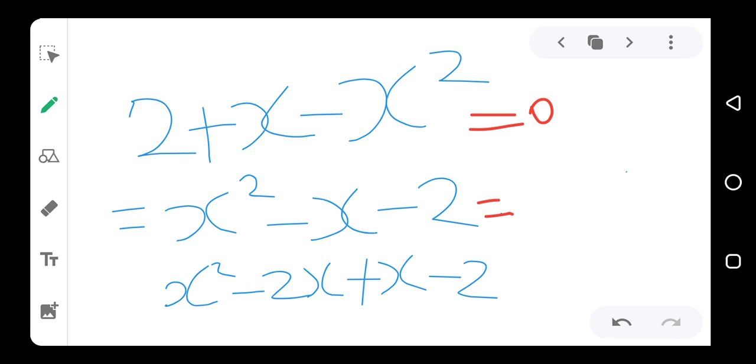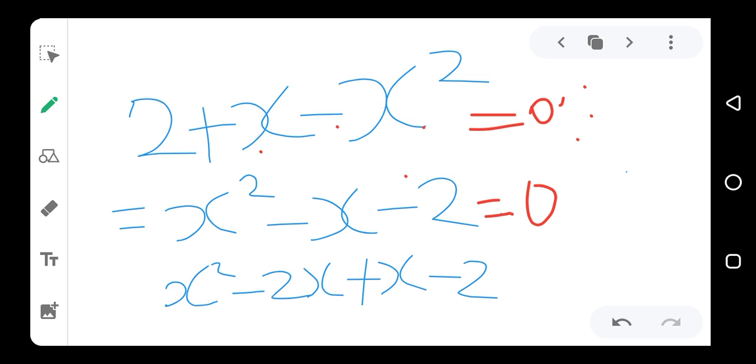Since we want to begin the equation with x, we take this whole expression to this side and bring 0 to the other side, so that this minus x squared, coming to this side, will become plus. Now this x, coming to this side, will become minus. So every sign changes when the terms cross the equality sign. So we are now going to have x squared minus x minus 2, and this is equal to 0.